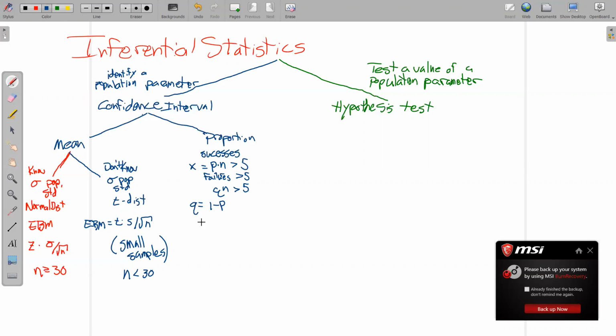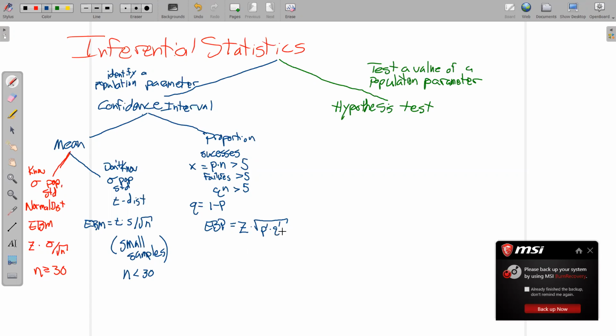And then to calculate the error bound on the proportion, we're going to take the appropriate z-score, which is kind of the same thing as the z-score in red over here, and multiply by the square root of P prime Q prime over N, because it's a sample.